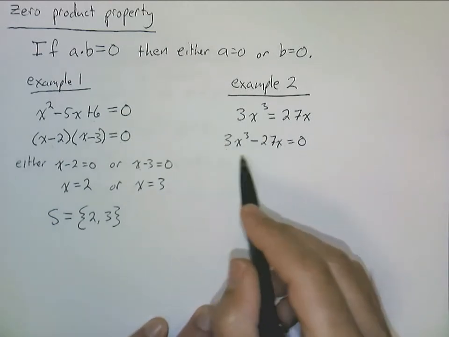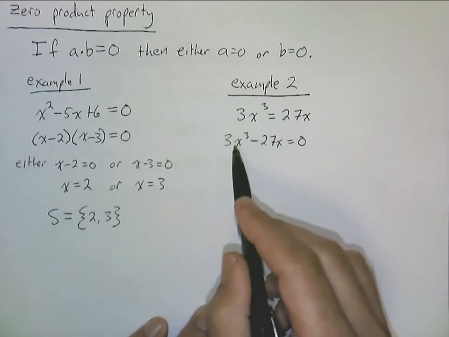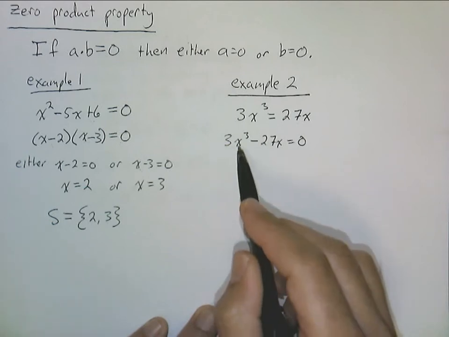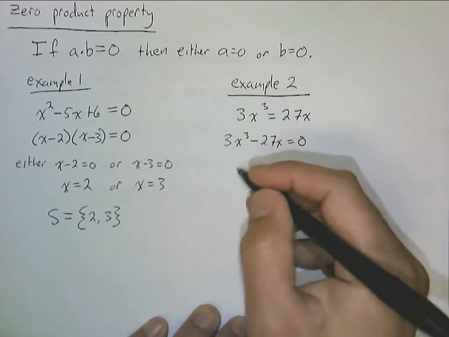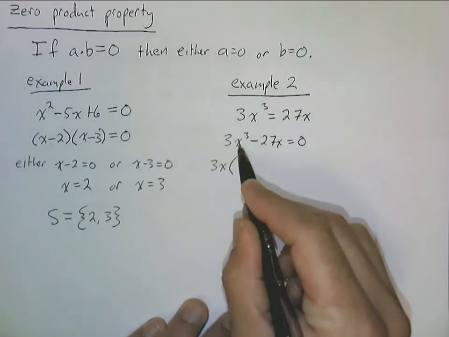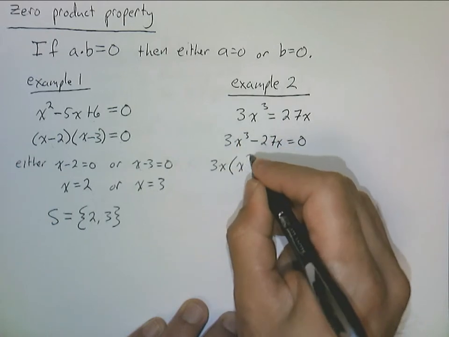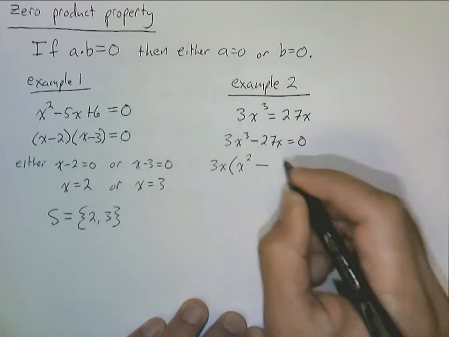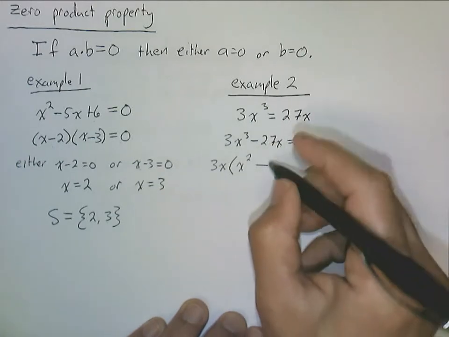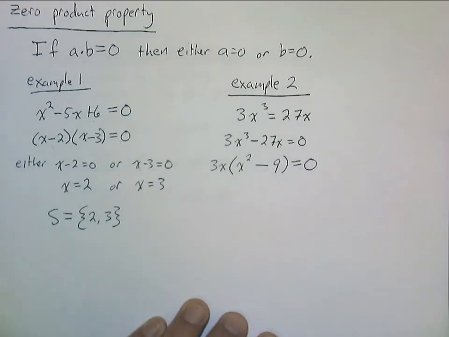Now we just want to factor this polynomial expression completely. The GCF between these two terms is going to involve 3, because 3 is a factor of 27, and we also have a factor of x. So this is going to be 3x times, well, what's left over? We pulled out a factor of x and a factor of 3, so what's left is x squared minus 9, and that is all supposed to equal 0.